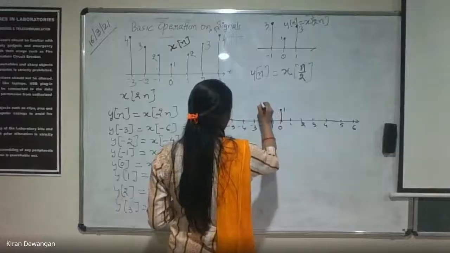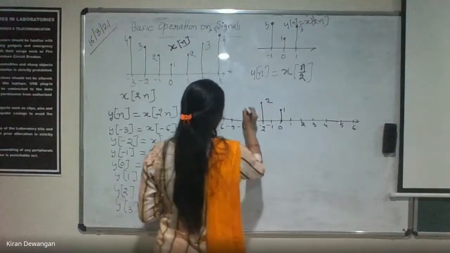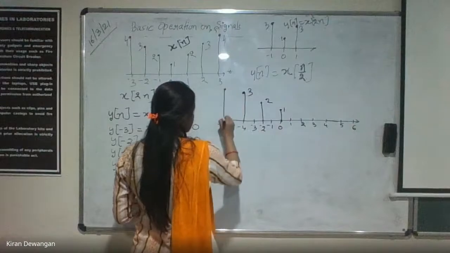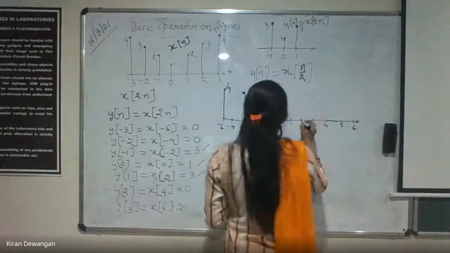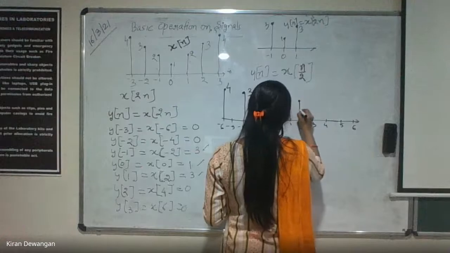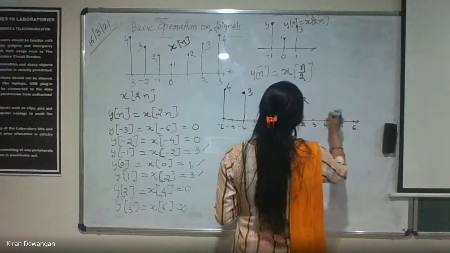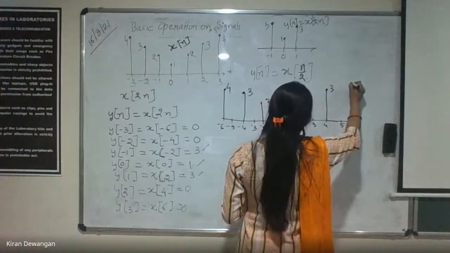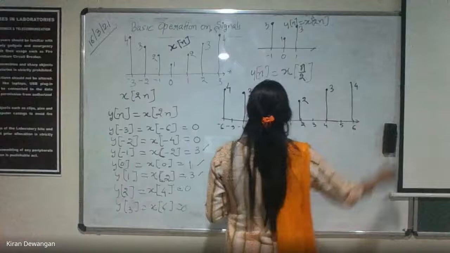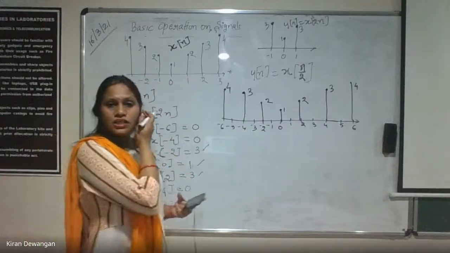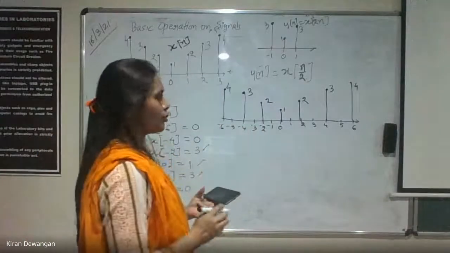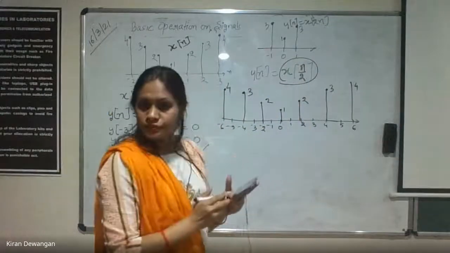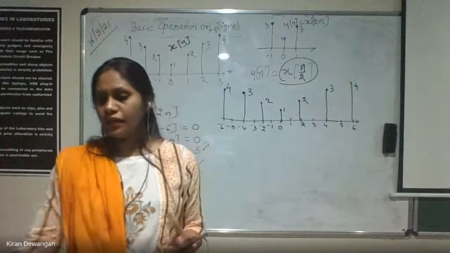At -2 it will be 2. -3 it will be 3. -6 it will be 4. At this 2 it will be 2. 4 it will be 3. And this point it will be 4. ठीक है. So this is how the expanded plot will be if we have to plot x of n/2. Clear? The discrete is also clear.